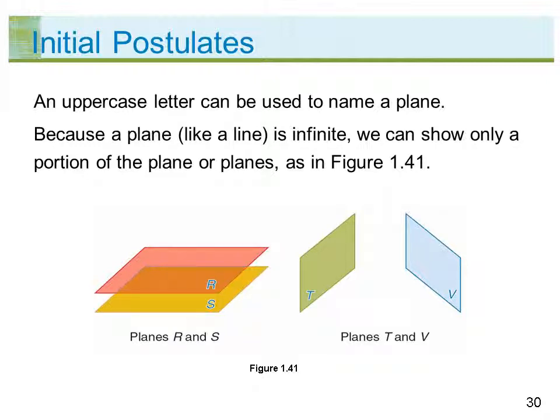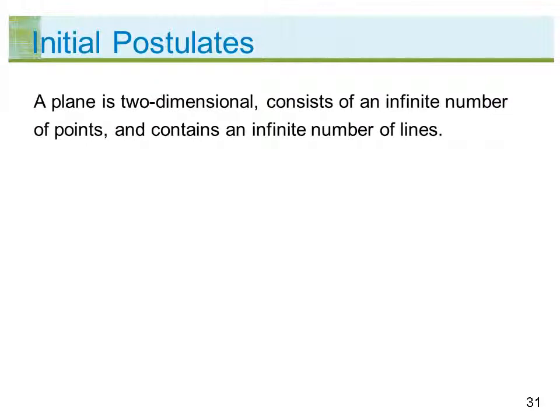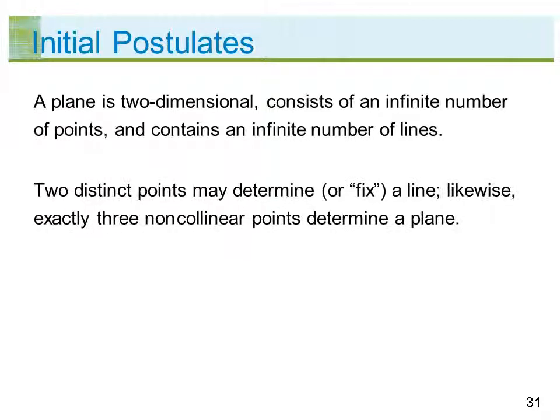Because a plane, like a line, is infinite, we can only show a portion of the plane or planes, as in Figure 1.41. A plane is two-dimensional, consists of an infinite number of points, and contains an infinite number of lines. Two distinct points may determine or fix a line. Likewise, exactly three non-collinear points determine a plane.